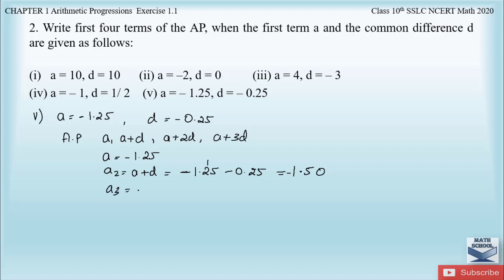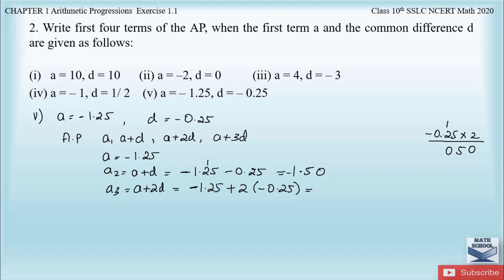So a3 is a plus 2d, so a value is minus 1.25 plus 2 into minus 0.25. So let us multiply first minus 0.25 into 2. 5 2s are 10, carry 1, 2 2s are 4, 5, 2 zeros are 0.